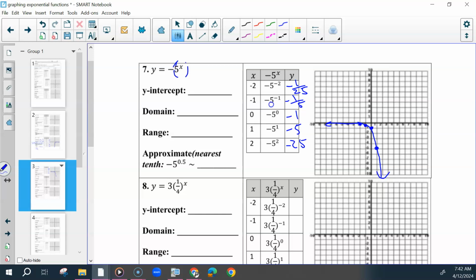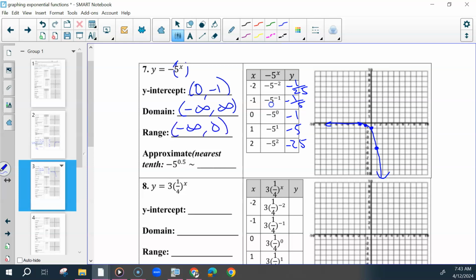So that y-intercept would be 0, negative 1. The domain would be negative infinity to infinity. The range is our lowest with our highest.